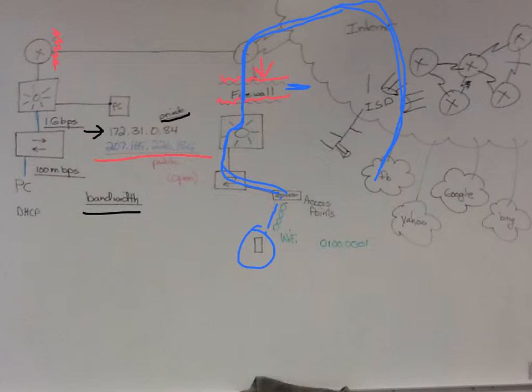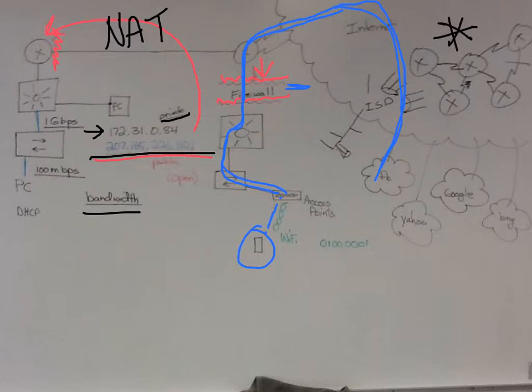So actually that gets converted right up here. It uses something known as network address translation. So this private address is converted to the public address right here, and that public address can be used then out on the internet.